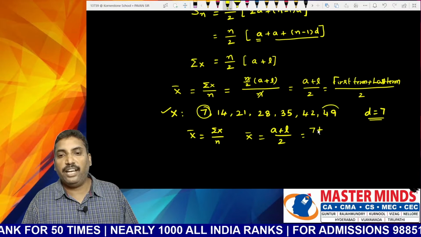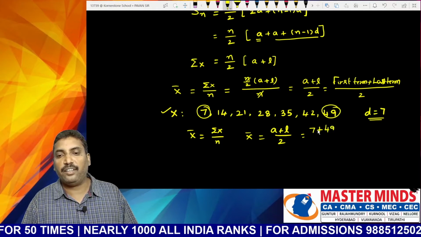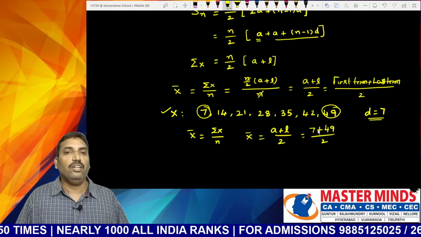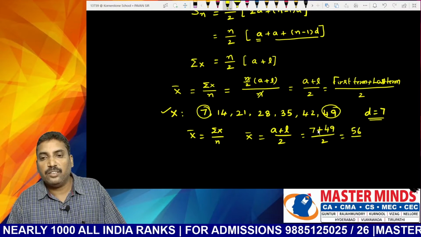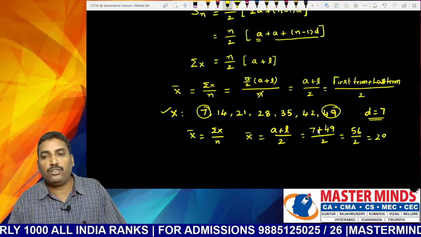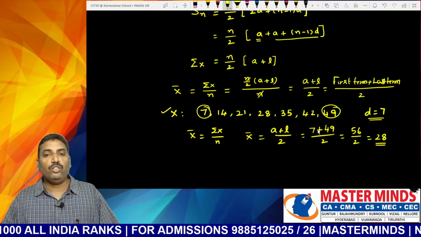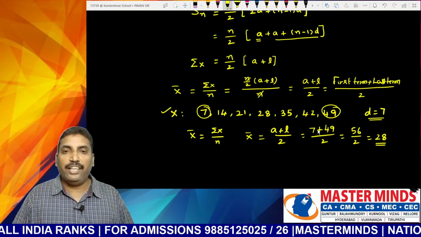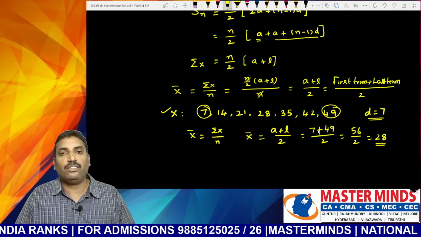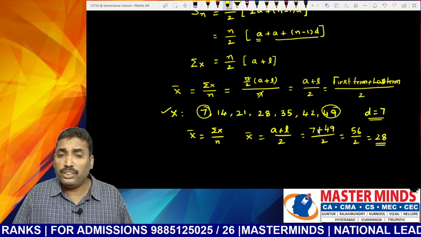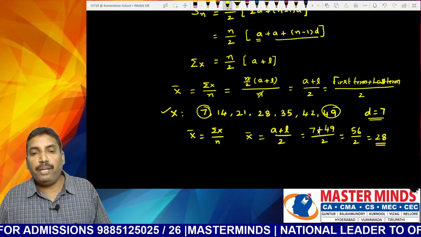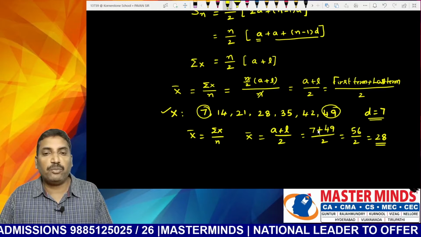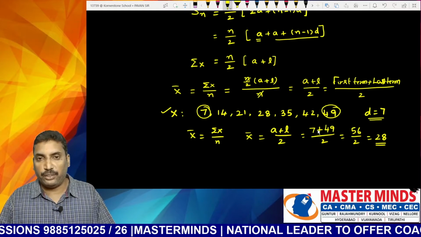And L is the last term, 49. So (49 plus 7) is 56, and 56 by 2 is equal to 28. If you add all these 7 terms and divide by 7, you will get 28 only. So this is a very important formula. It can be applied only when the given observations are in arithmetic progression.